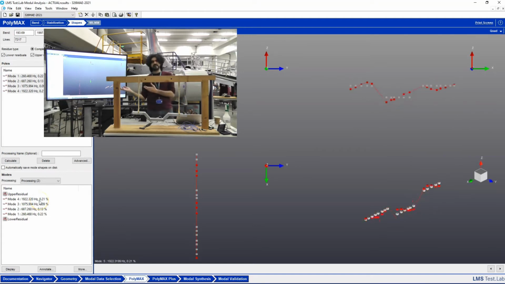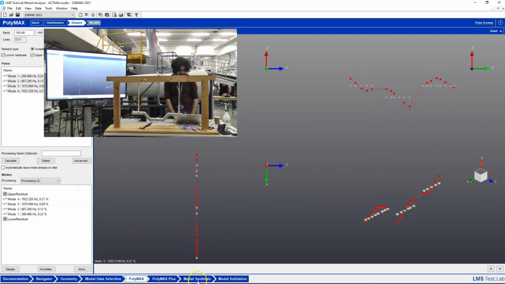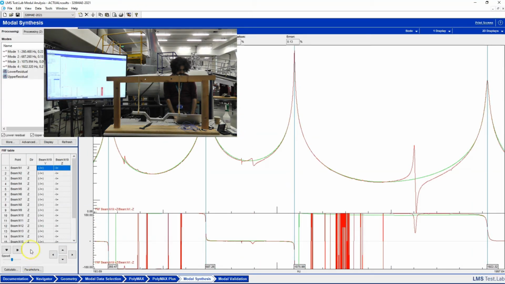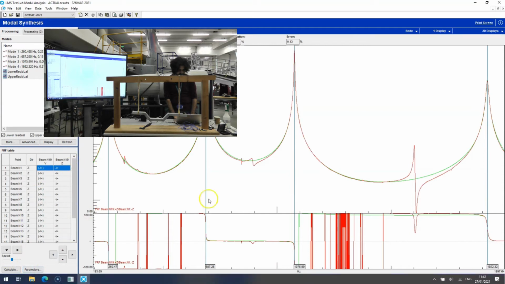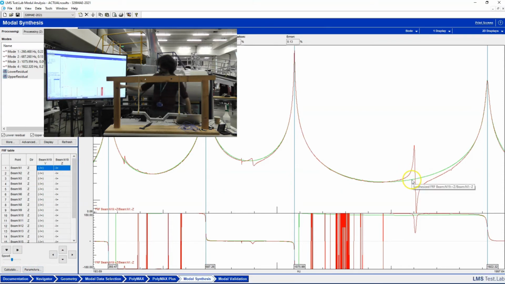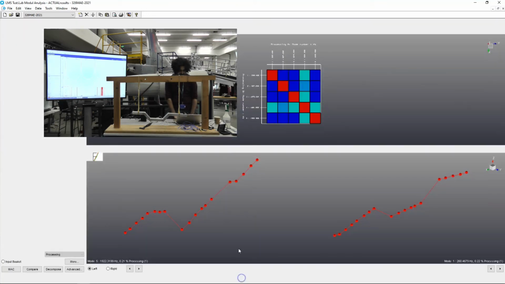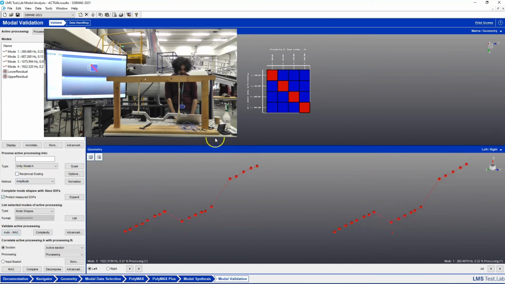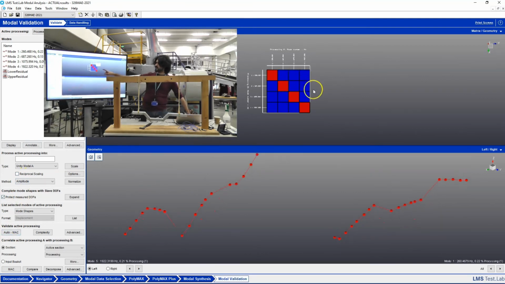Now mode 5 has become mode 4 because we got rid of mode 4 earlier. And I can resynthesize everything. Of course I have a larger error now because I'm not considering this one anymore. This one that I considered earlier now is not considered in this new set. But in validation, if I recalculate the matrix, I now have all zeros everywhere but on the main diagonal.